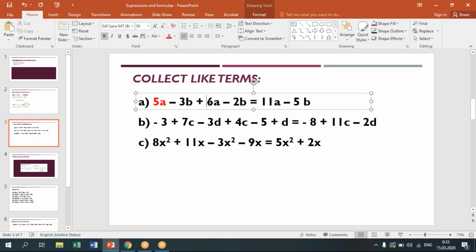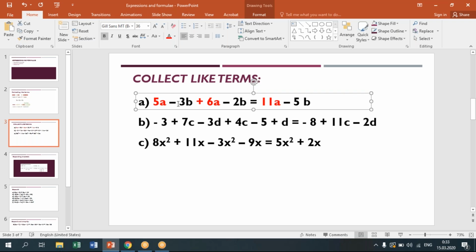But before I do that, the main thing you have to know is to always look at the sign which you have before a term. So 5a plus 6a will be 11a.